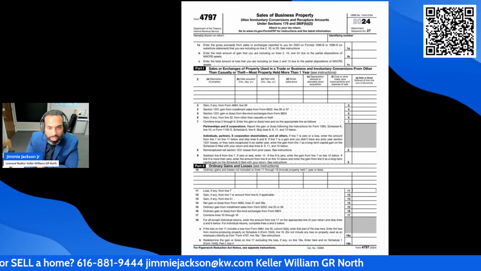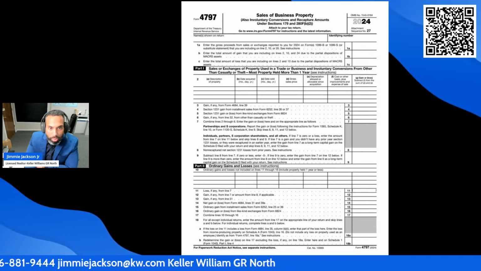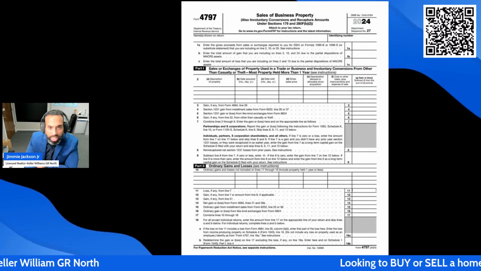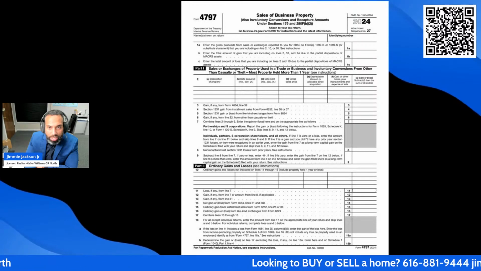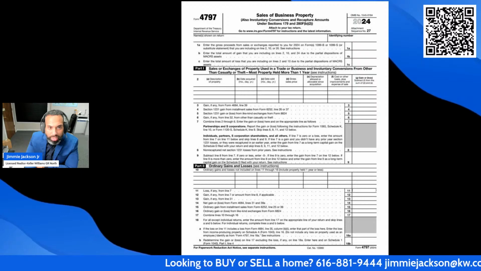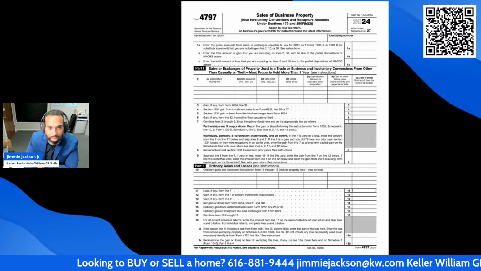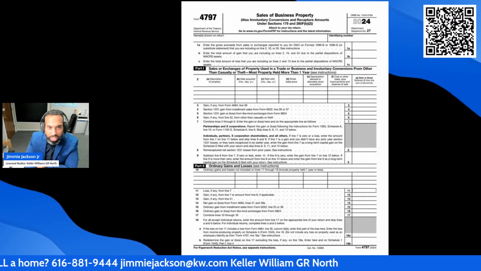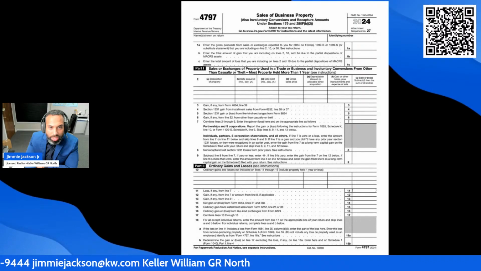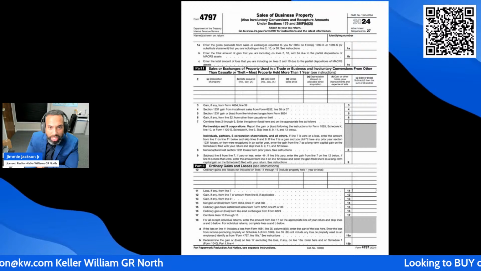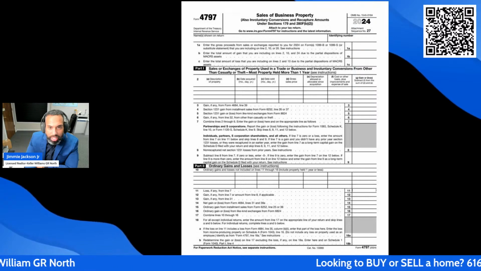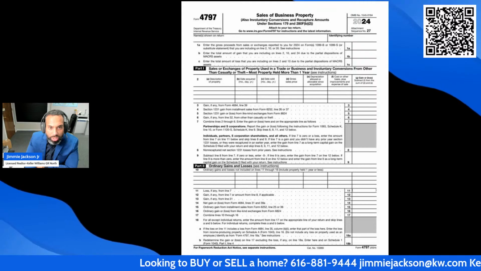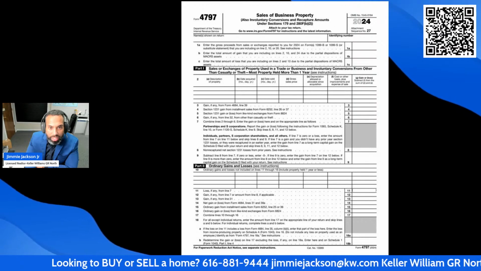So you need to use the other form to report that onto this form. Enter the amount of gain that you are including in lines 2, 10, and 24 due to the partial disposition of MACRS assets. Enter the amount of loss that you are including on lines 2 and 10 due to the partial disposition. Sales or exchanges of property used in a trade or business and involuntary conversions from other than casualty or theft.